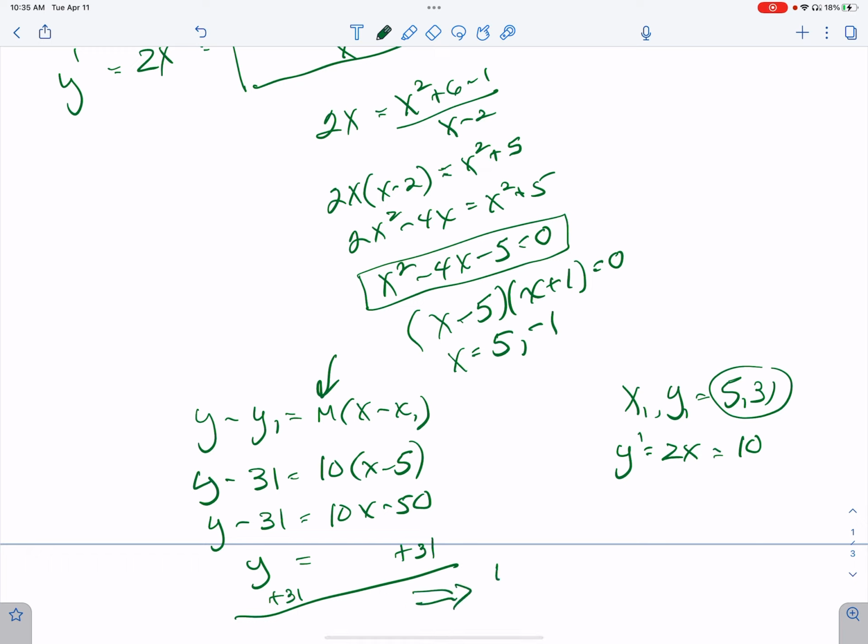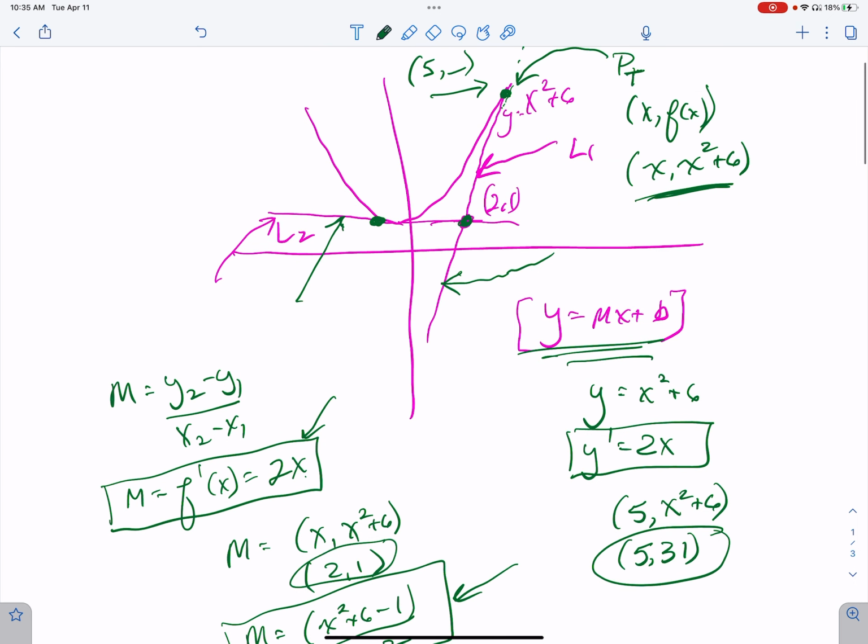And we're going to end up with y = 10x minus 19. And there we go. There's the equation of this tangent line, of what we called L1.